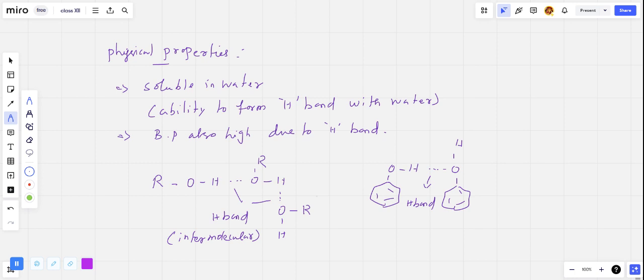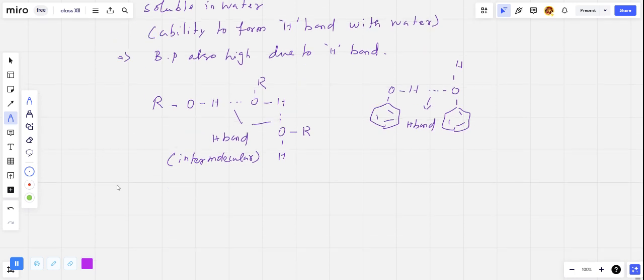If you are taking, for example, ethanol, CH3CH2OH, then CH3OCH3, methoxymethane, an ether, and then propane, CH3CH2CH3.